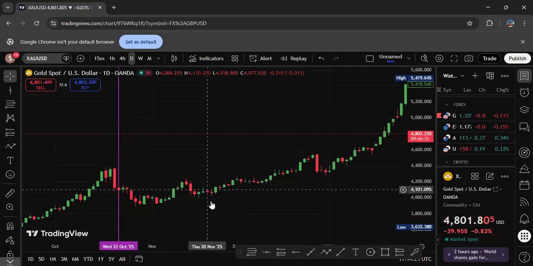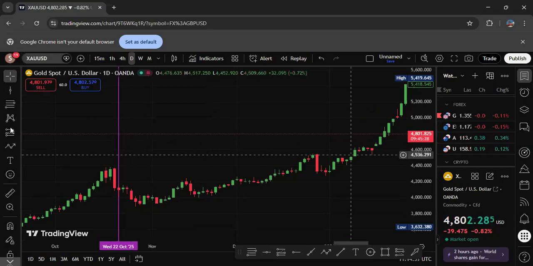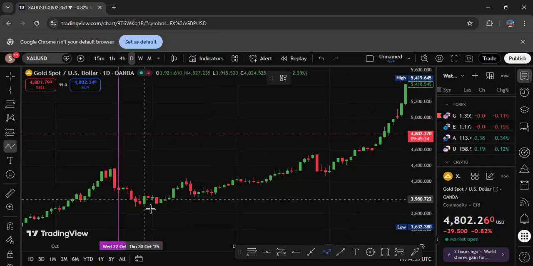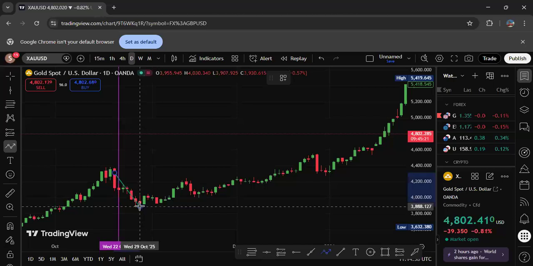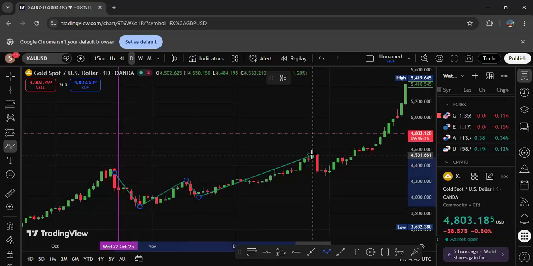So look, we can see this one now. This is an uptrend, but I want you to focus on this side. Let's assume this thing started from here. We had a crash here, then a push up, then a correction or retracement, then a push up, then a retracement.